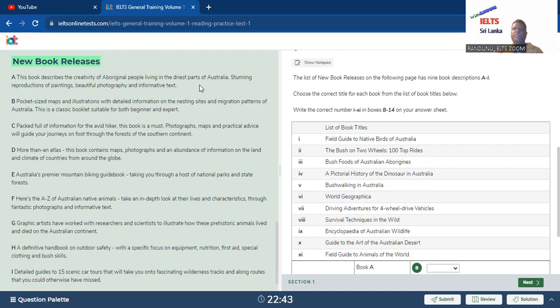Okay, now if you get a question like that, the way we are going to do this is like this. First you will read these titles. First you will read where they have given less information. This side is less information, this side is more information. So first you will read the less information, the titles.